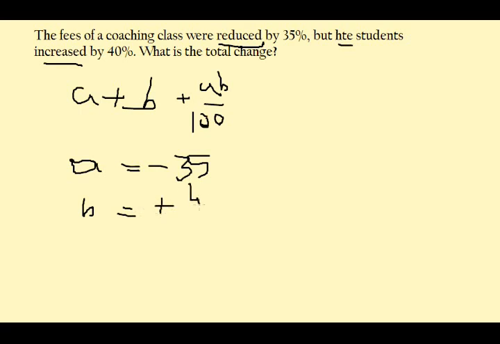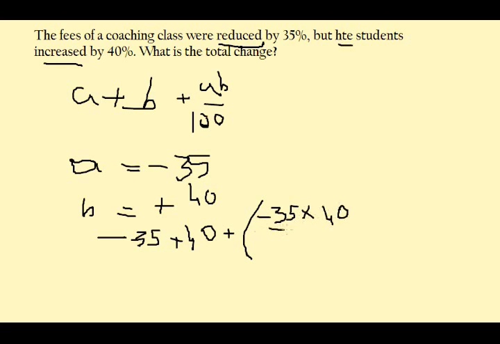So just put in the formula. So minus 35 plus 40 plus minus 35 into 40. So we need to calculate here.